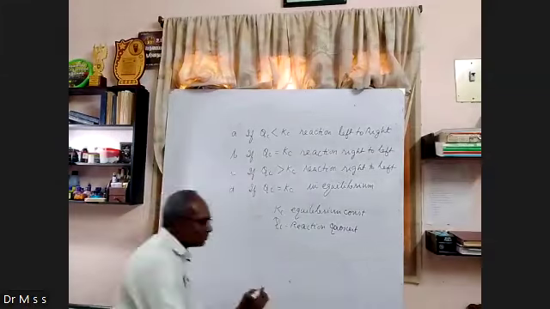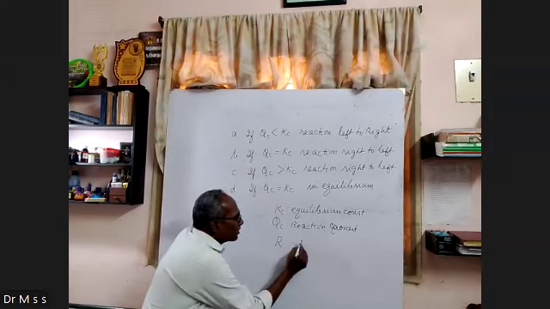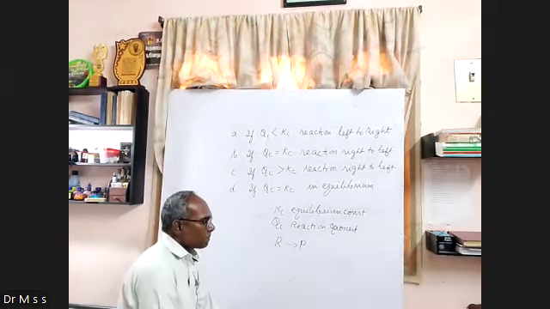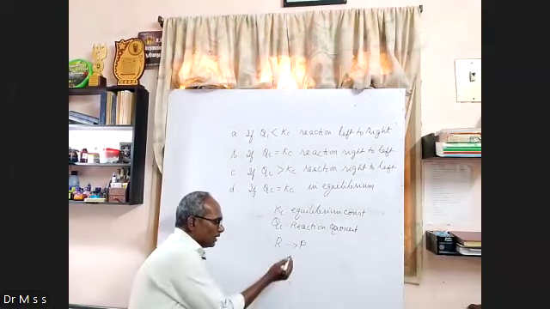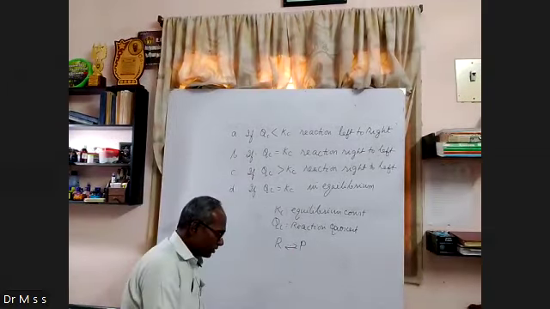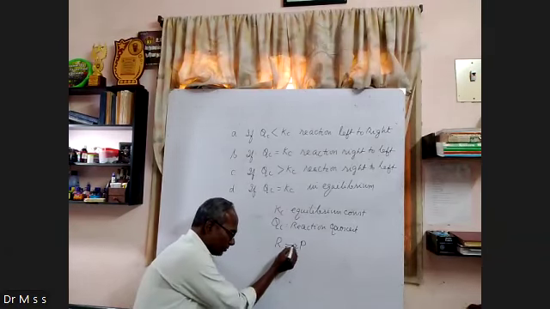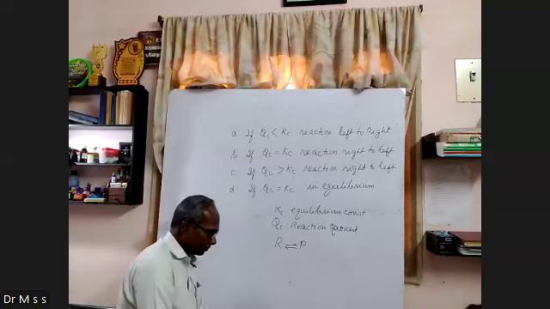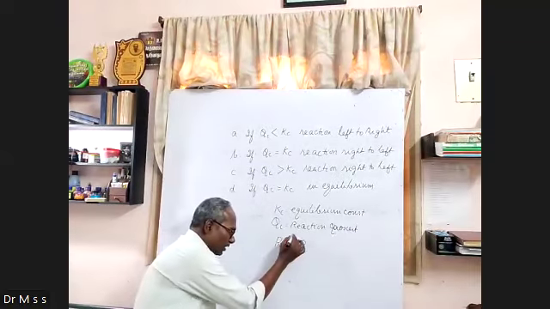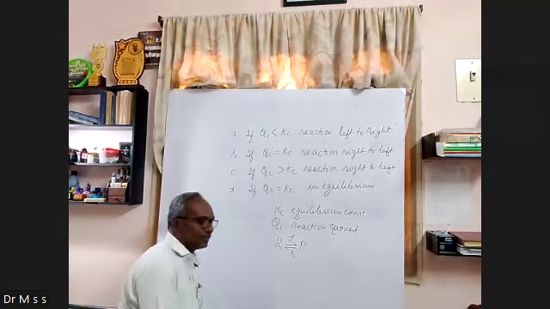Suppose a reactant is getting converted into product, and the product is getting converted into reactant at the same time. At a particular time, the equilibrium will be established. At equilibrium, the rate of forward reaction and the rate of reverse reaction will be the same.